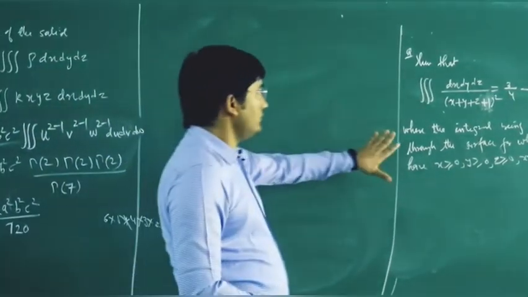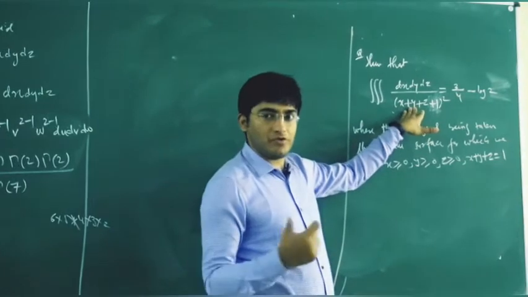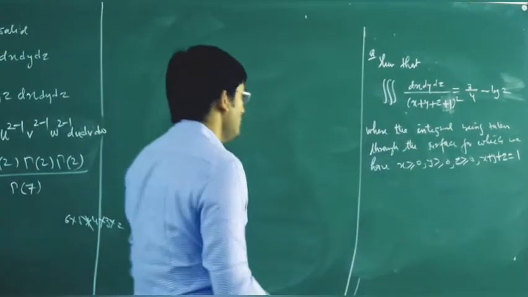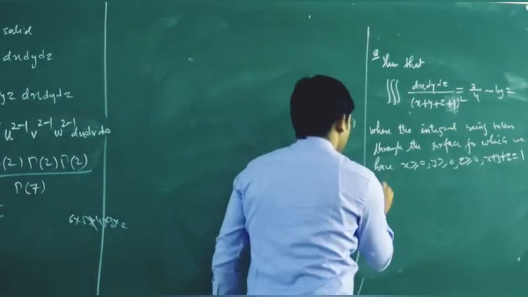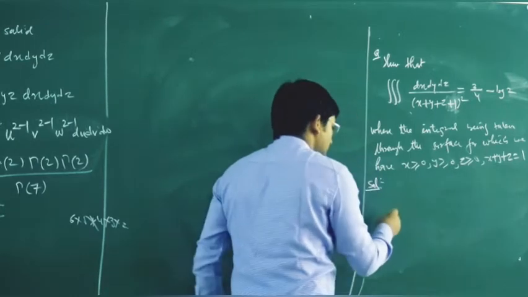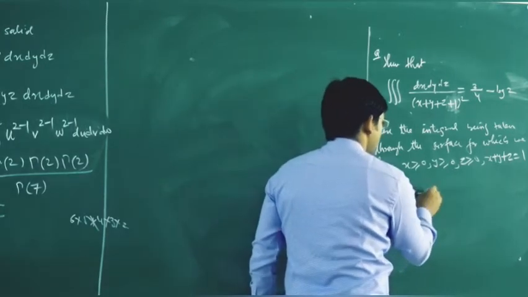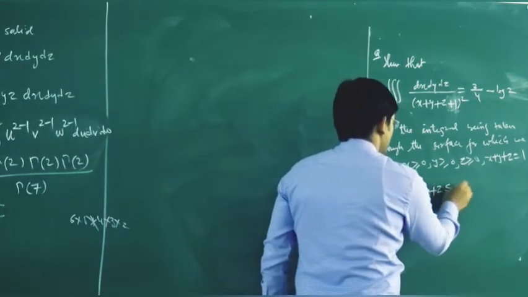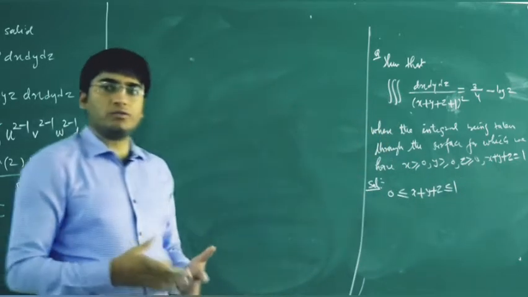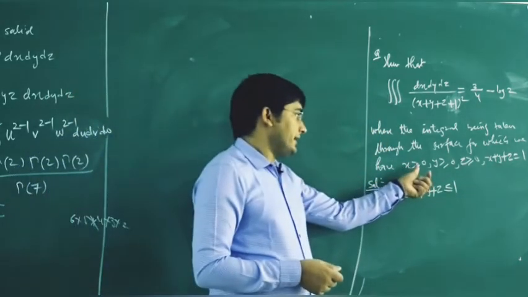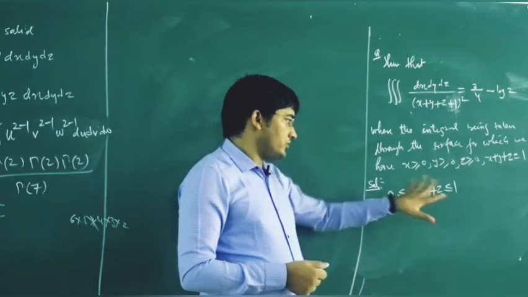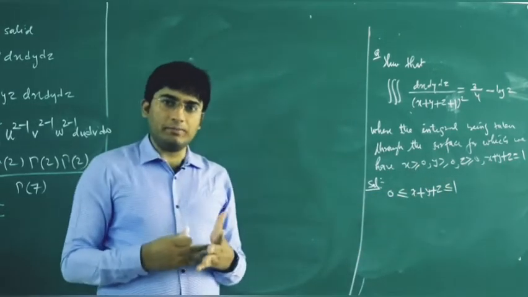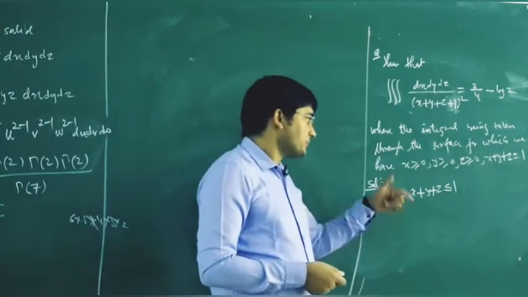Now this is based on Liouville's theorem, because we have a function of x plus y plus z. So our solution will be: clearly you can see that x plus y plus z will be between 0 and 1, because x, y, z are all greater than or equal to 0. So the value of the sum x plus y plus z varies between 0 and 1.